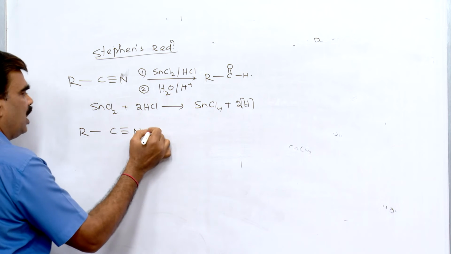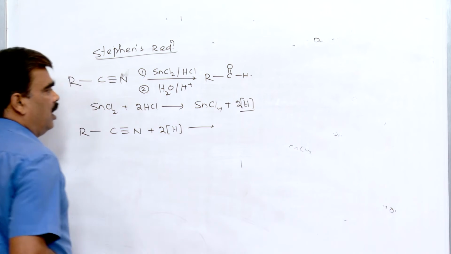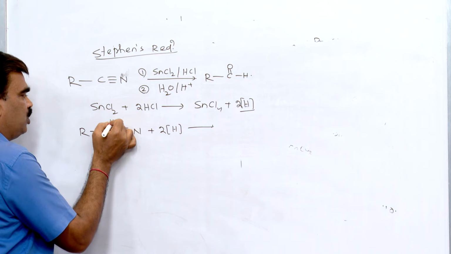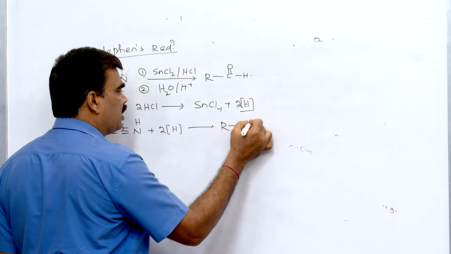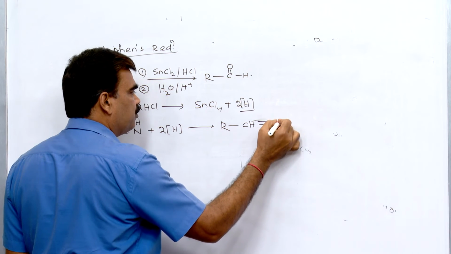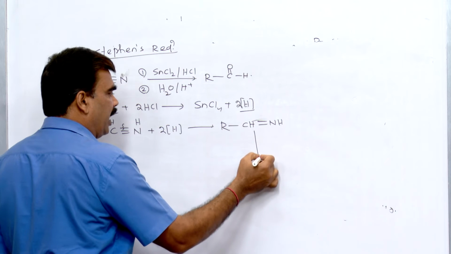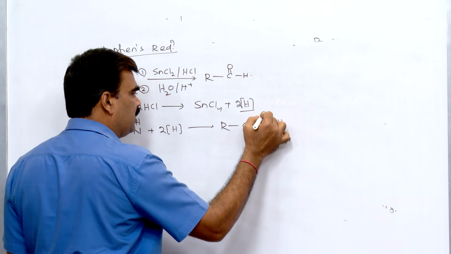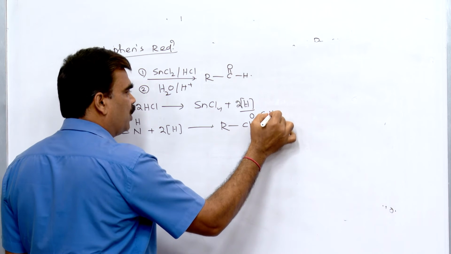There are 2 pi bonds, and 1 pi bond breaks by the nascent hydrogen. One hydrogen is added here, another is added here, and we get imine, RCH double bond NH. This is your imine. And this imine upon hydrolysis in acidic condition, you break this bond, put O here and H2 here.